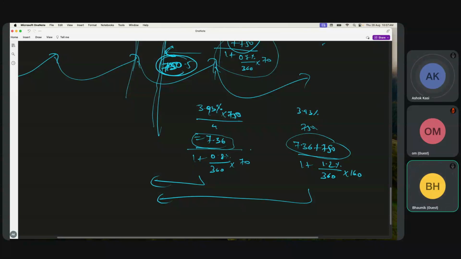First, this 7.36 plus 750 upon 1 plus 1.2. The answer for this one is 753.34. Overall, how much is it coming to?